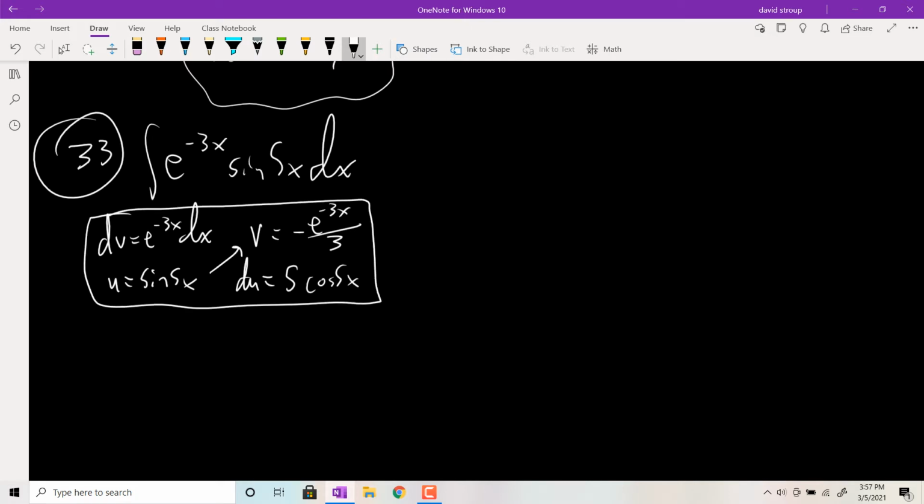As usual, u times v, so this will be negative e to the negative 3x. You want to put exponentials in front of trig functions, mainly because if you put it behind sine of 5x, people might think that that e to the negative 3x is inside your sine function. So if you put the e to the negative 3x first, it just looks better.